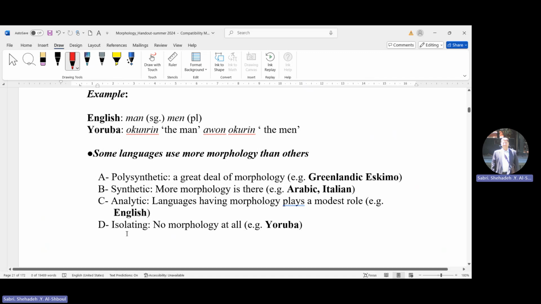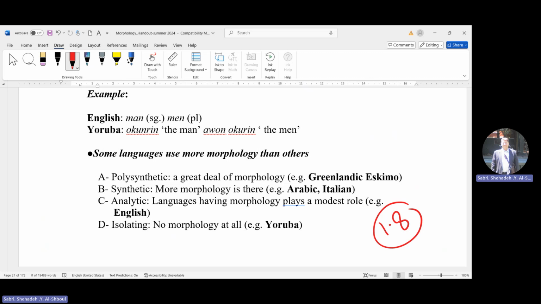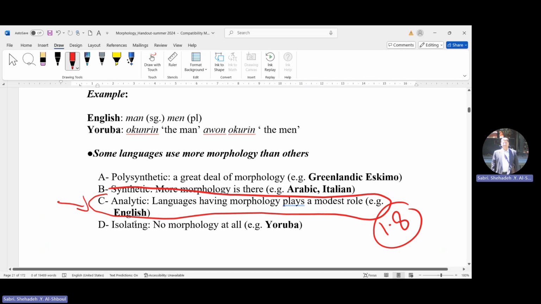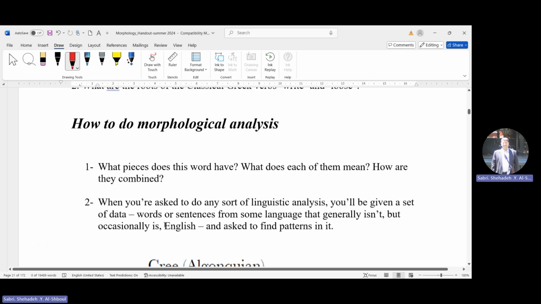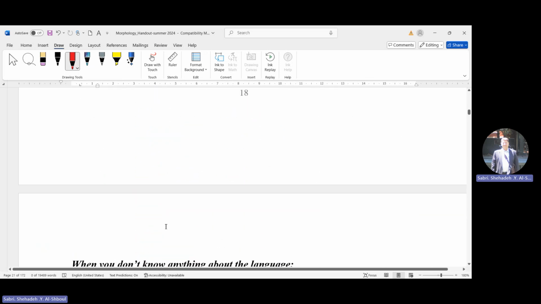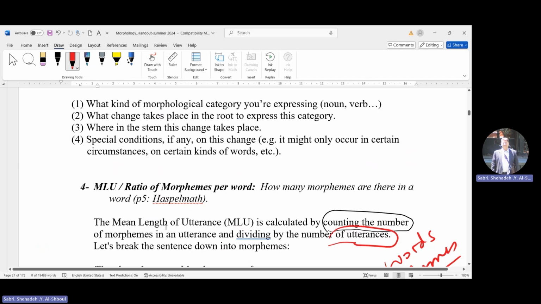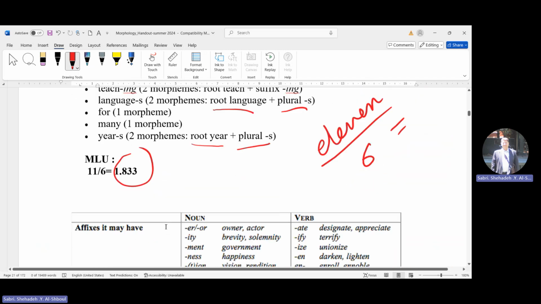Since it is 1.8, we can say that it is analytic, right? And English here is an analytic language. So this is how we calculate the number of morphemes by the number of word forms.